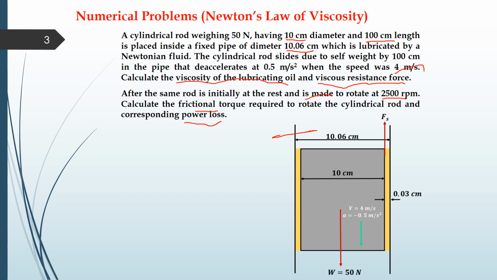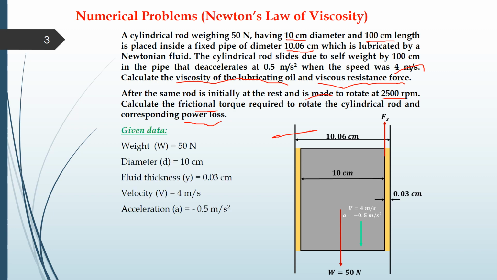So in the given conditions, we have the weight 50 newton, diameter of the rod 10 centimeter, fluid thickness which we denote by y, it will be 0.03 centimeters, velocity and acceleration are given. So what we have to do, we have to calculate the dynamic viscosity first and the resisting force in the first case, and torque and power loss in the second and third case.